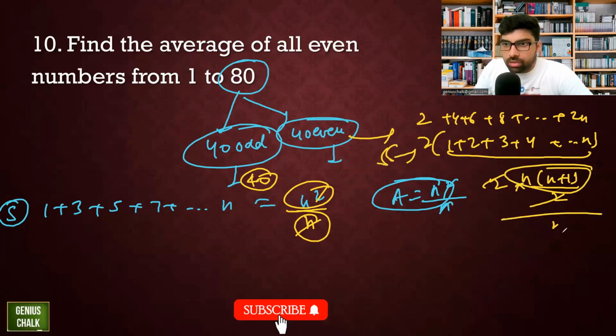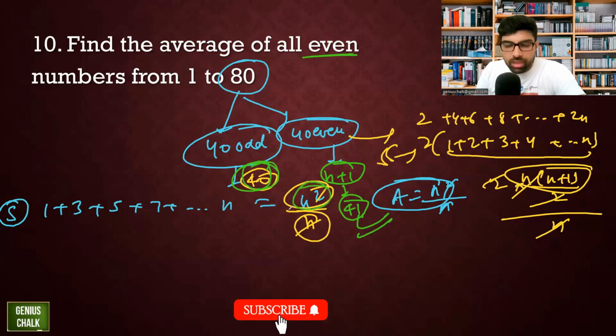Average will be dividing this by n. So average of n even numbers will be n plus 1. So for 40 even numbers, that means 40 plus 1, 41. So average of all even numbers will be 41. Average of all odd numbers will be n only, because the sum is n square, right?